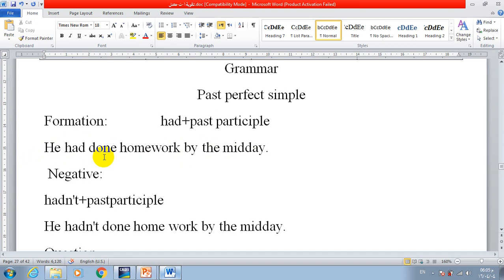It's the third form of the verb do: do, did, done. We must use after had the third form. Here we can't use do or did, but we must use the third form, done.